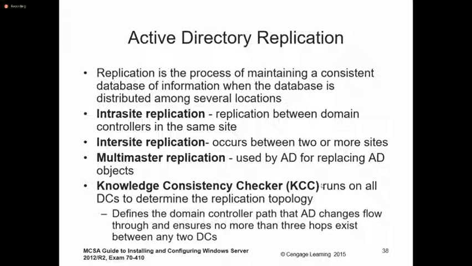So inter-site means maybe a different building, or some other location, some other town, or maybe another country. It depends on the organization, because there are multinational companies where you might have these domain servers in several countries.